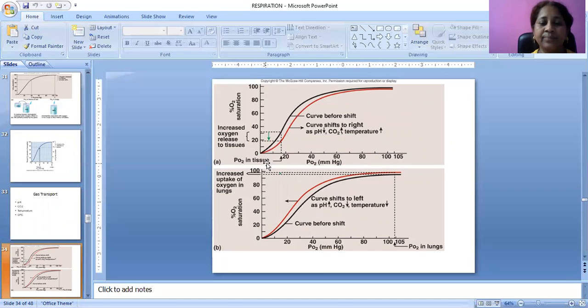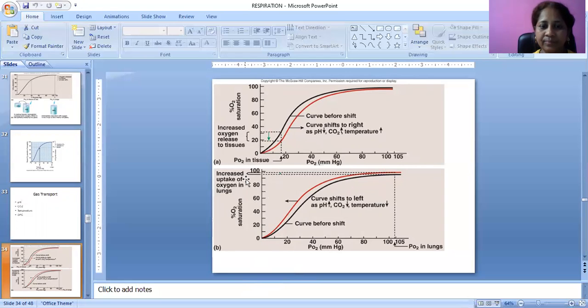In this diagram, you can see how the curve shifts to the right as pH decreases, concentration of carbon dioxide increases, and temperature increases. These two diagrams show that when the concentration of carbon dioxide and temperature are increased and pH is decreased, the oxygen dissociation curve shifts from left to right.